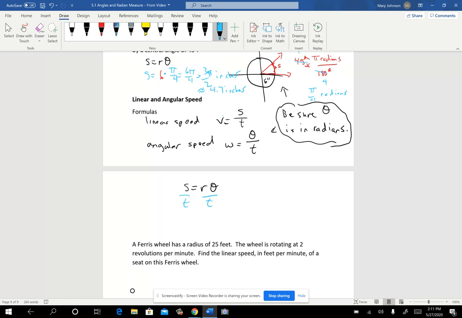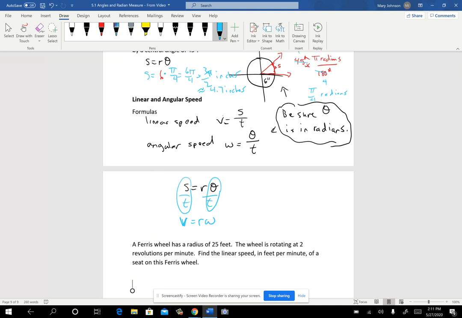See, the S over t would be the velocity, so that could be replaced with v. And then the theta over t can be replaced with w. So we have v equals r w, and that would be the relationship between linear and angular speed.